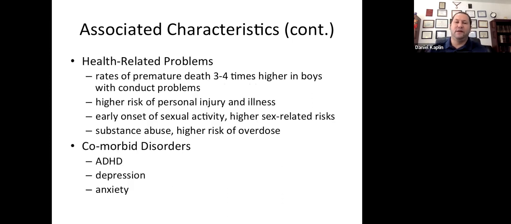So what are some of the outcomes? Well, unfortunately, oppositional defiant disorder and specifically conduct disorder, more importantly, has a 3 to 4 times higher premature death rate. So getting involved in those antisocial behaviors is going to put you at risk of self-harm or other people harming you. So we also, like I said, see higher risk of personal injury. We see higher rates of sexual activity and risky sexual activity too.